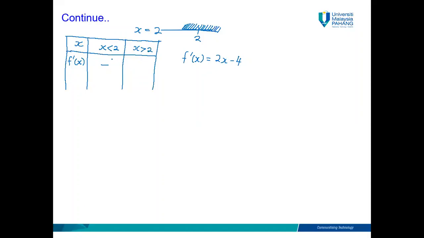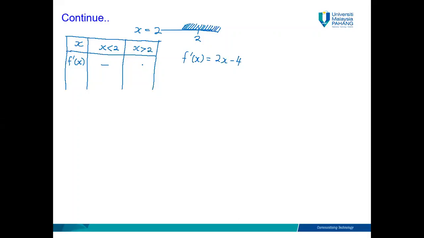You consider x less than 2. You can take 1, you can take negative 1, but like I said, it is much easier to consider x is equal to 0. 0 is less than 2, isn't it? So substitute into f prime x, you get negative. How about x greater than 2? So x greater than 2 means 3, 4, 5, 6, 7 until positive infinity.